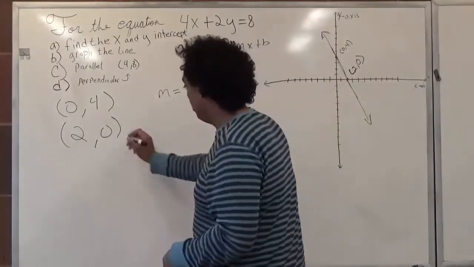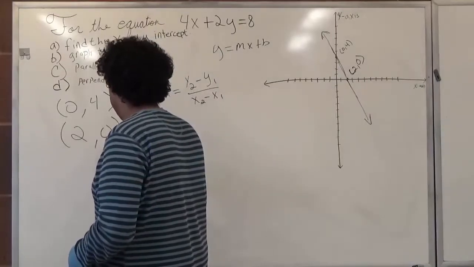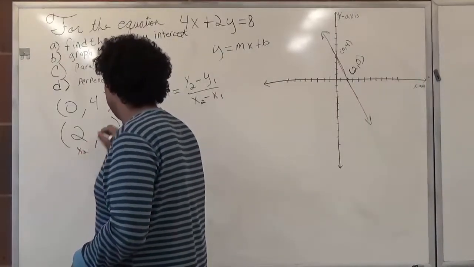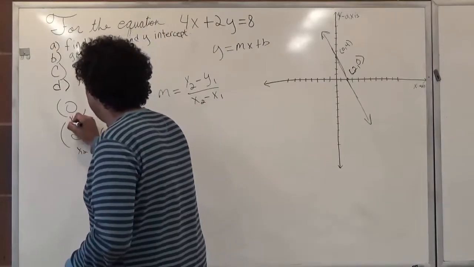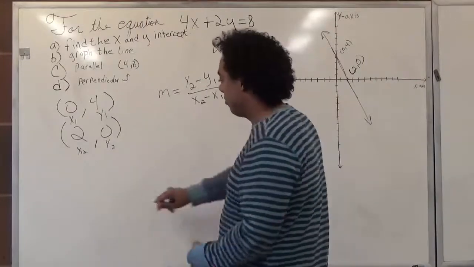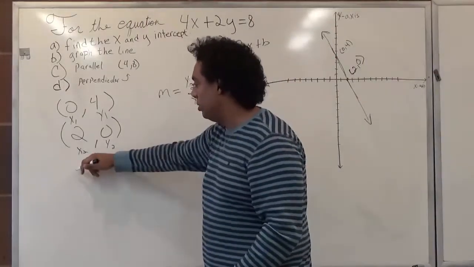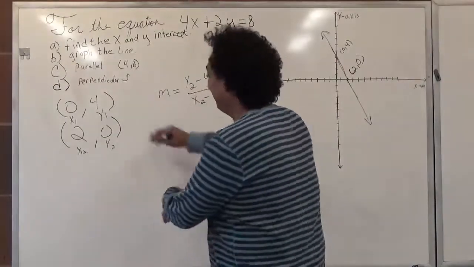So I'll set this as our 2, so y2 and x2, and y1 and x1. I could have picked either one, it doesn't matter, so long as you keep true to which one you declare as 1 and which one you declare as 2.